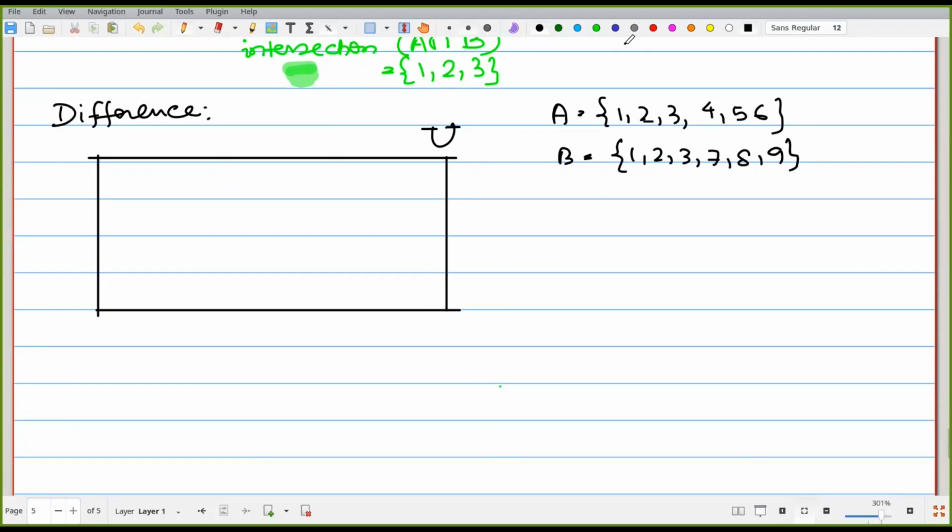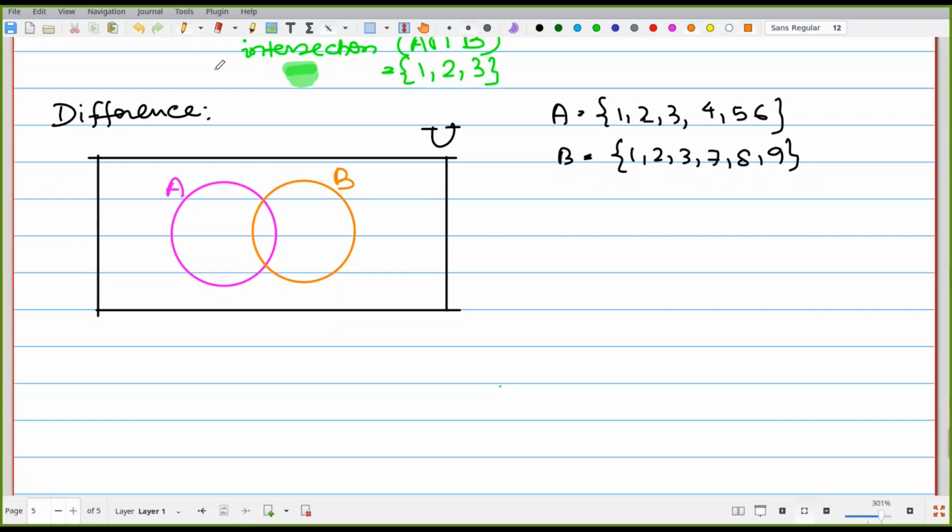Okay, so draw the first one, set A, and another one, that is set B, using two other colors. Now, whatever the meaning of difference, don't think about the elements of set B, and also from set A, the ones which are intersected, remove those.